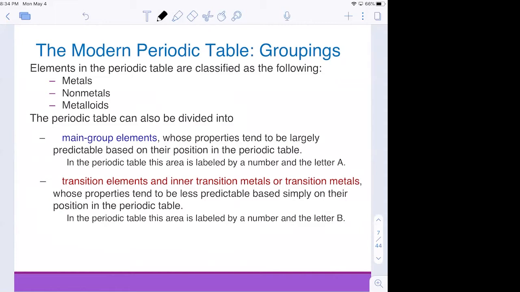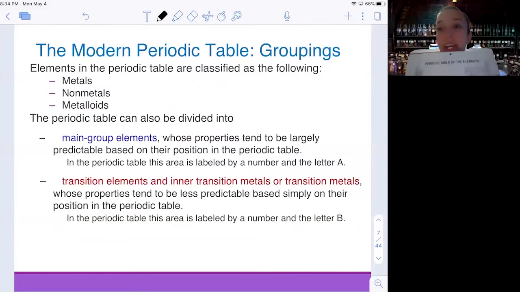What I want to be able to do is look at a periodic table and name a couple of things. Here's mine, I'm in the chemistry lab. When we look at this periodic table, a couple of different things we can see: metals, nonmetals, and metalloids.